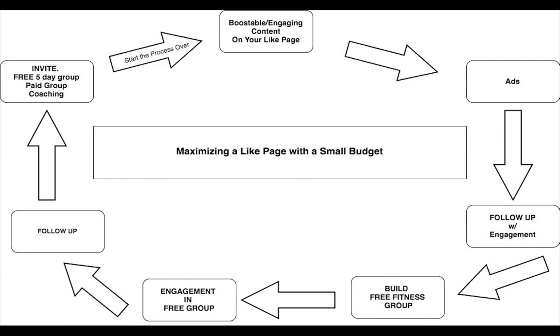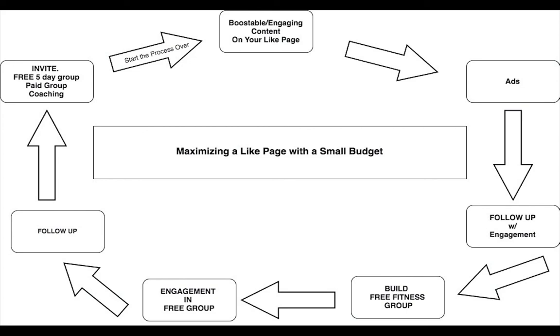Now, not to say that those are not valid posts. They are certainly valid, and you're going to see Amy and me use them all the time. But if you want to keep this to a smaller $100 to $200 a month budget and really maximize the results from that, my suggestion would be to use this method. The method centers around boosting or running ads. We're going to use those terms interchangeably.